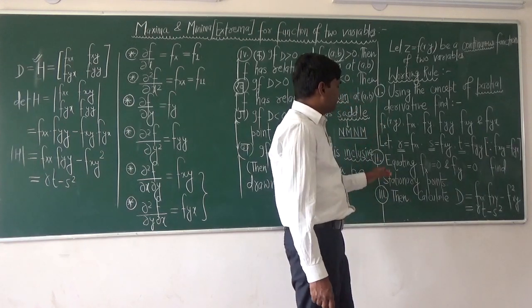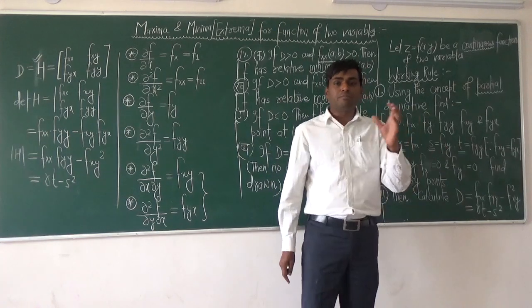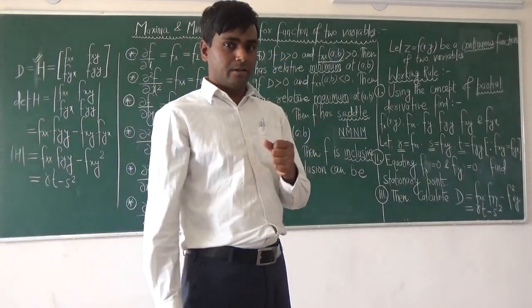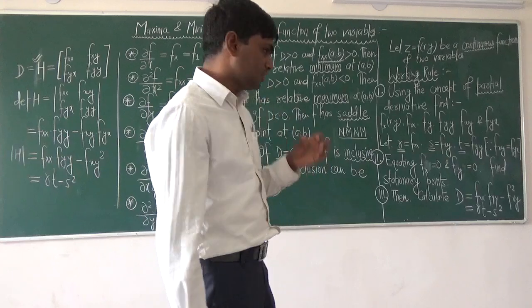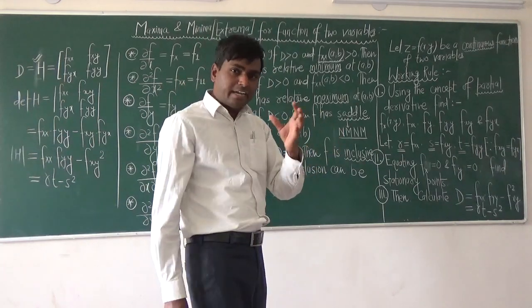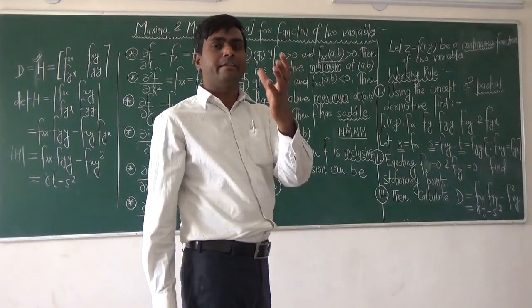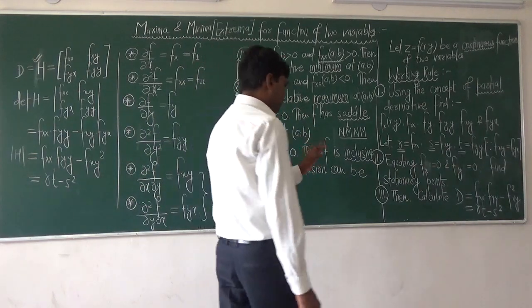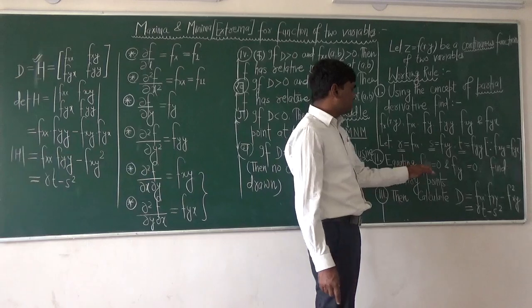In the second step, we have to find the stationary points, like critical points in a single variable. In a single variable, we calculate critical points by taking f'(x) equal to 0. But here we have to take f_x equal to 0 and f_y equal to 0.